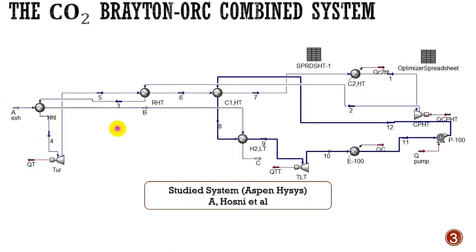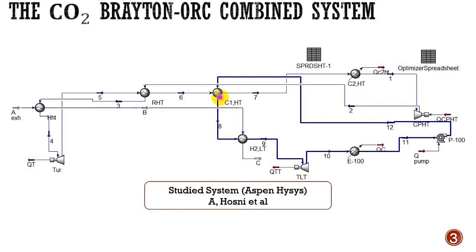Then it goes into the turbine and expands to produce mechanical work. The low pressure in state 5 flows into the regeneration process, and it's cooled here.